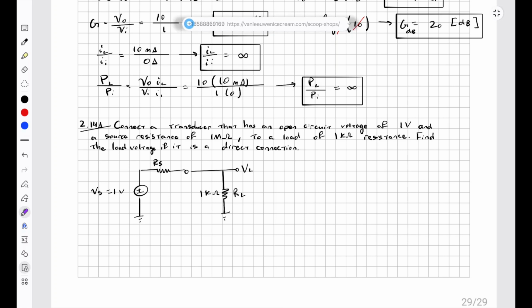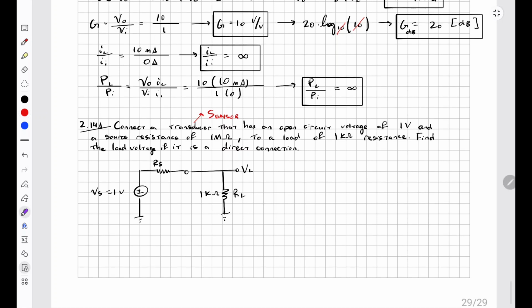Basically what it's saying is that we have a transducer, and the transducer really just means it's called a sensor, right? So we have a sensor that has an open circuit voltage of 1 volt. This is my assumption, I could be wrong, but when a sensor has an open circuit voltage, that means that when you don't connect anything to this sensor, you leave it as open circuit, then it should be 1 volt.